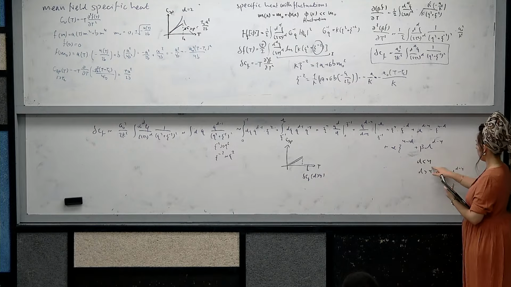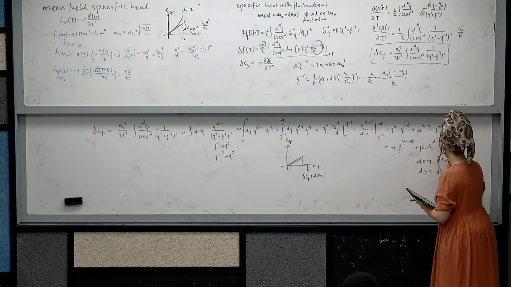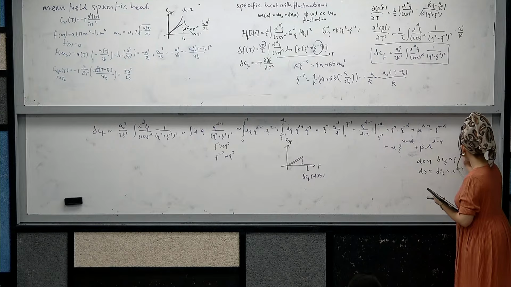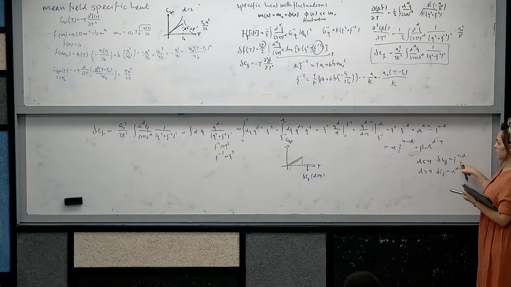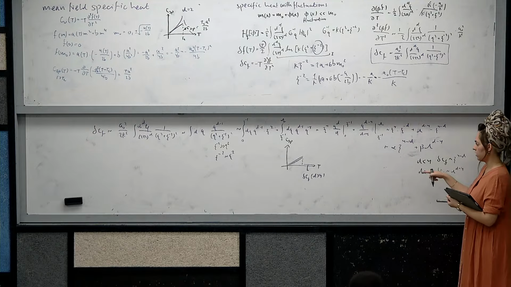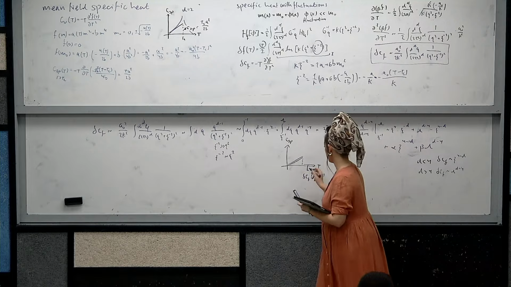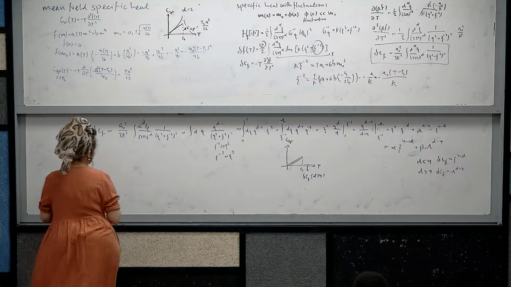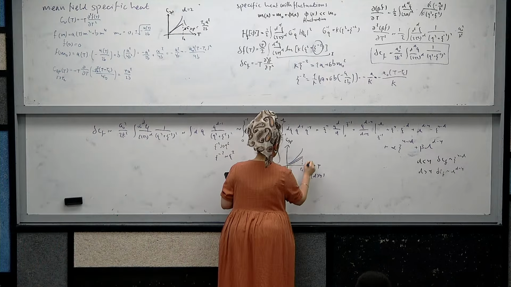But for d smaller than 4, delta CF goes like psi to the power of 4 minus d, and the correlation length psi diverges when reaching the phase transition. So the correction is something like this.